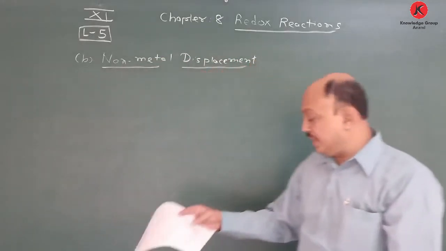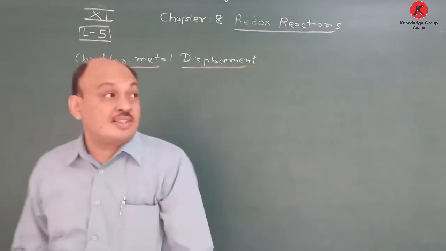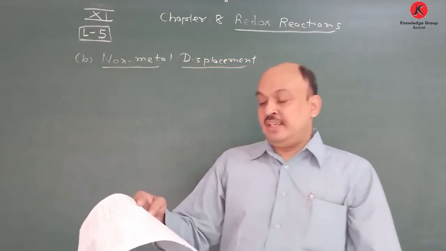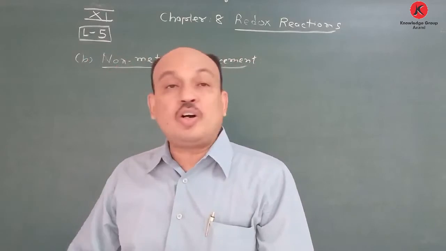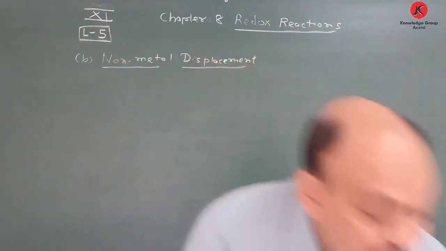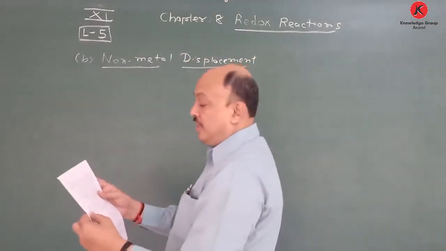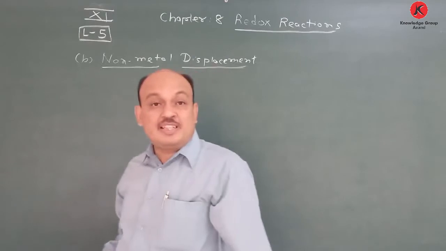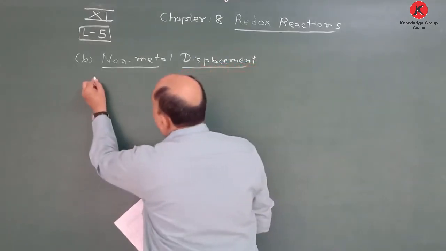In your NCERT textbook it is written that non-metal displacement redox reactions include hydrogen displacement and a rarely occurring reaction involving oxygen displacement. Now see, here I give certain examples. First of all, we consider alkali metals.